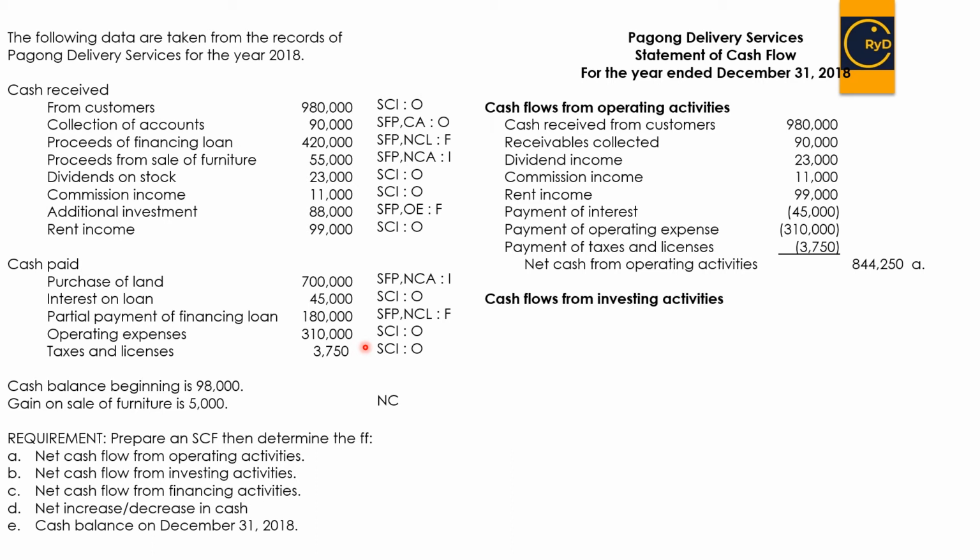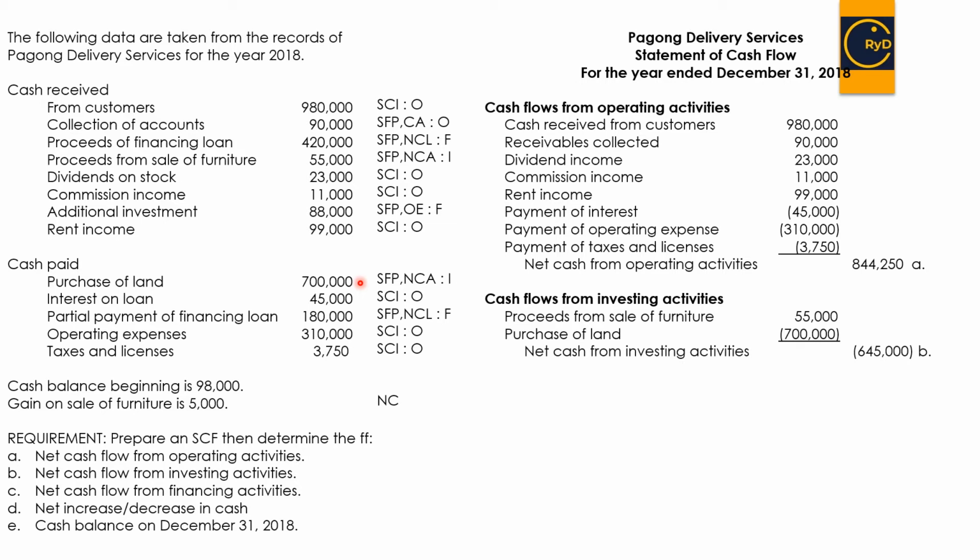Next, we proceed with our cash flows from investing activities. So we go back here. We have our proceeds from sale of furniture at 55,000. And then we have our purchase of land at 700,000.